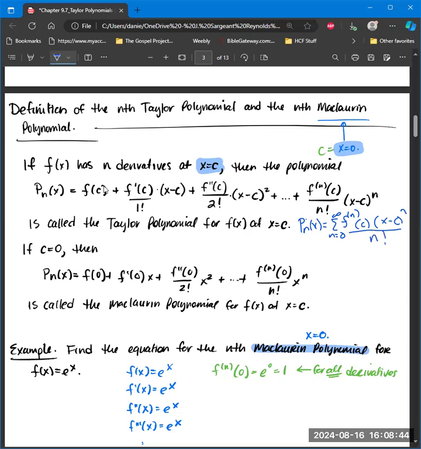Like that, or you can write the x minus c to the n separate, like that. If c equals 0, then we have a Maclaurin series. I'll call this a Taylor series.